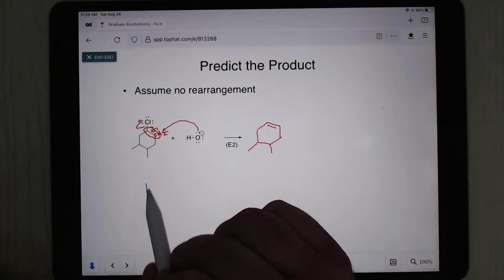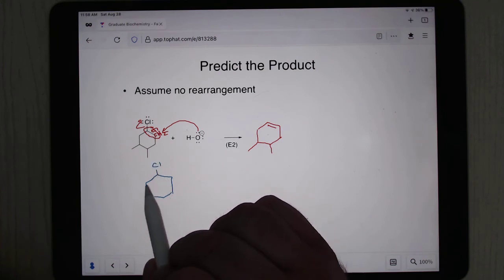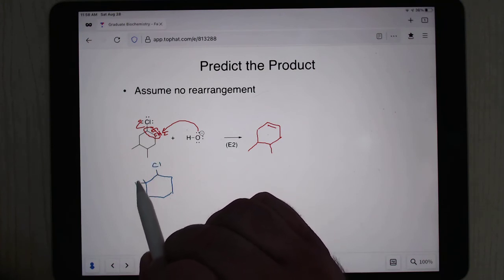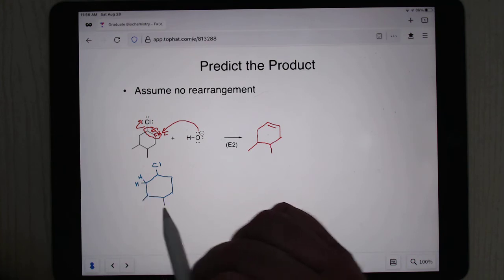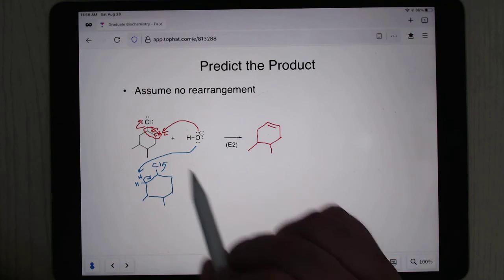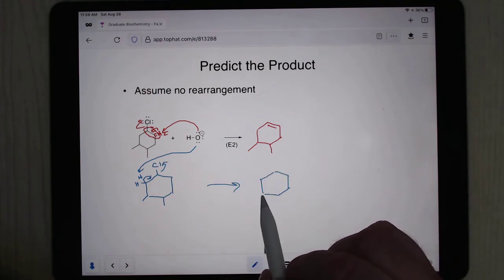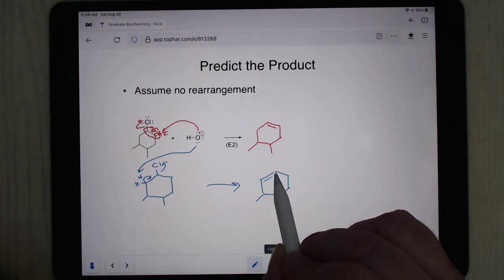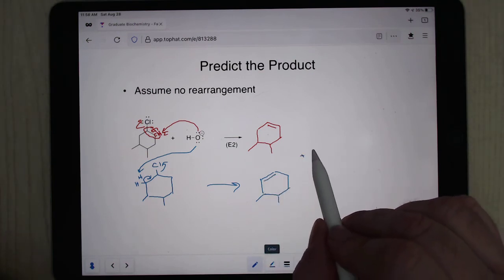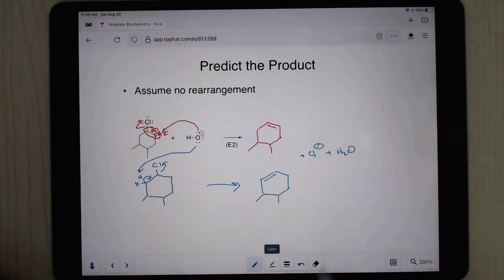If instead you had hydrogens over here, that's going to grab, collapse, kick away, and you're going to make this product. And for both of these, it's plus Cl minus plus H2O.